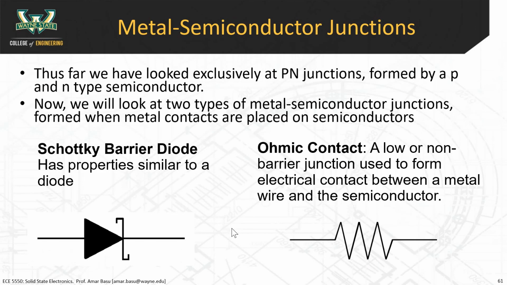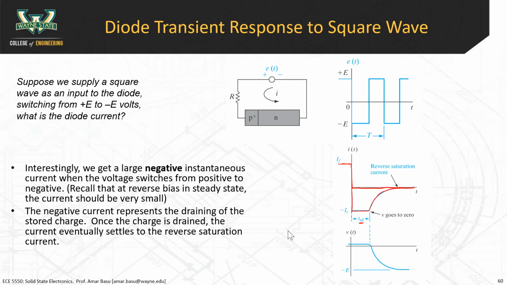So it looks like we have about 5 minutes now. This is what we've covered with the diodes. At this point, we're going to go on to metal semiconductor junctions. I want to ask everyone if there are any questions on diode-related stuff.